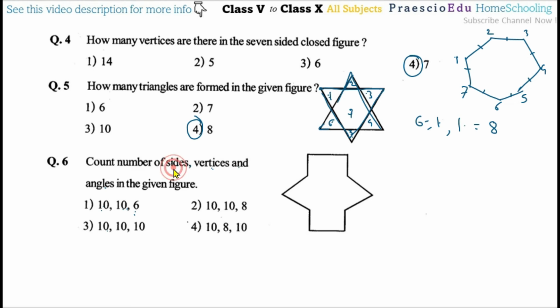So first we will count the sides, so this is 1, then 2, then 3 4 5 6 7 8, then 9, and this is 10. Okay, so 10 sides, then comma, vertices means two lines meet each other at that point, so this is 1 2 3 4 5 6 7 8 9 and 10, this is already counted, so 10 vertices and angles.